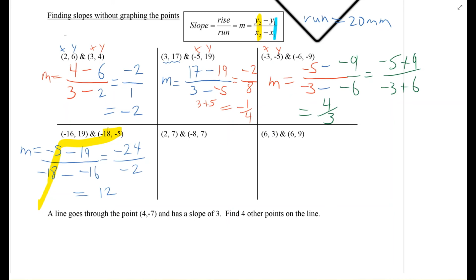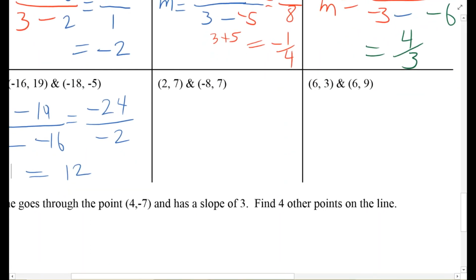So it doesn't matter which point goes first. What matters is that the point lines up vertically. And so the other point here has to line up vertically in the other location. Okay? Go. Anyone getting some weird answers for the next two? You probably will. Go ahead and finish them.